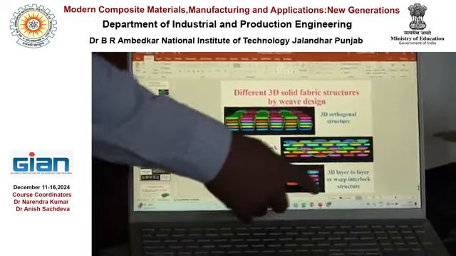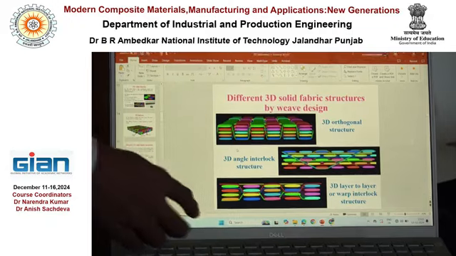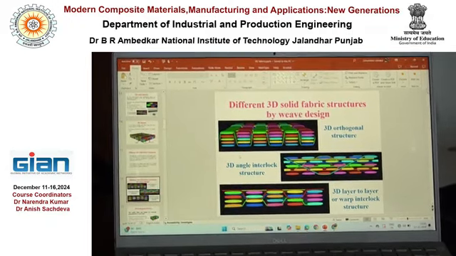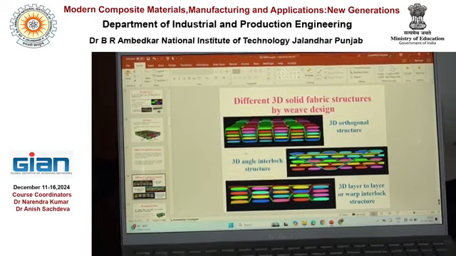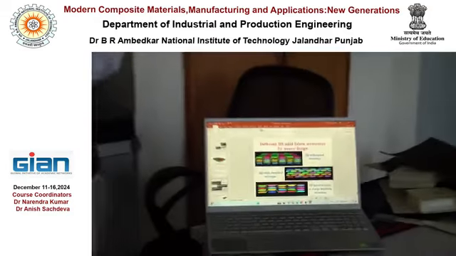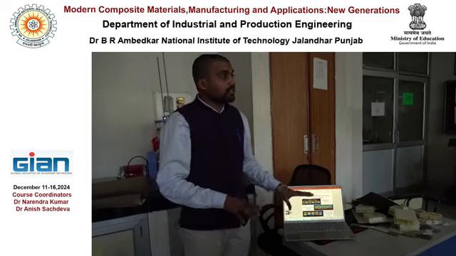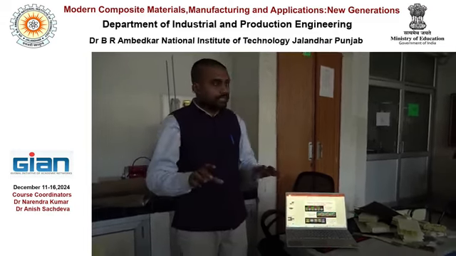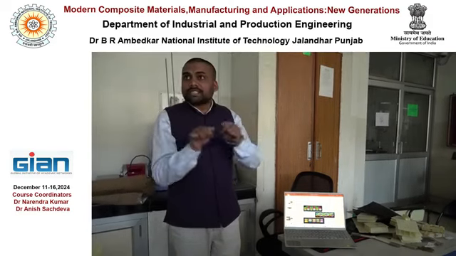And third is the layer to layer interlock, where the different layers are interlaced with each other, right? So they are attached to each other, and this is an integrally woven structure, meaning you cannot separate these layers.